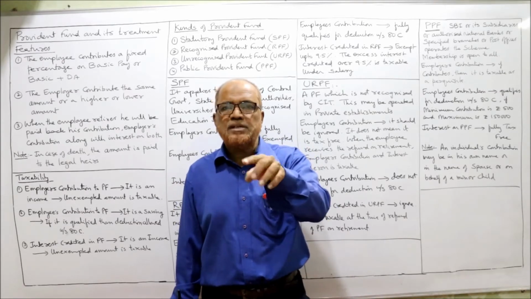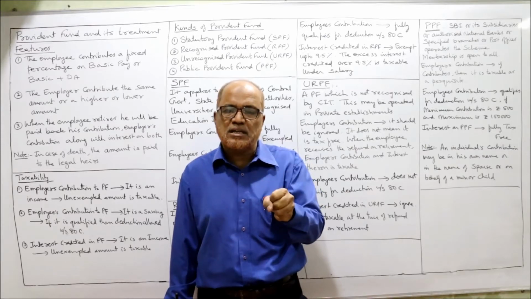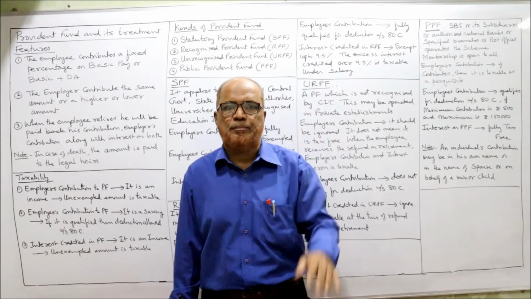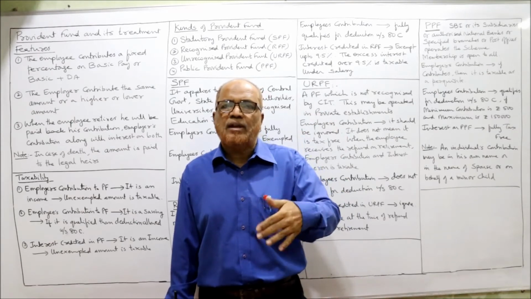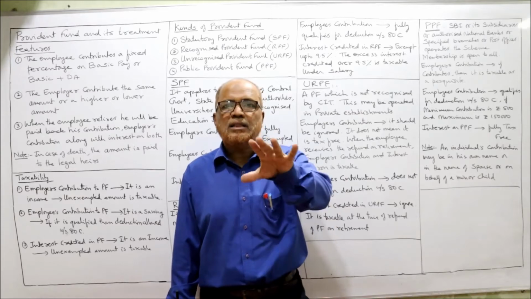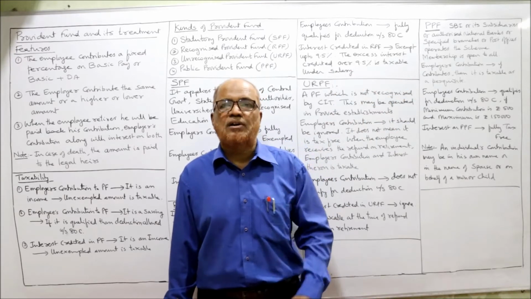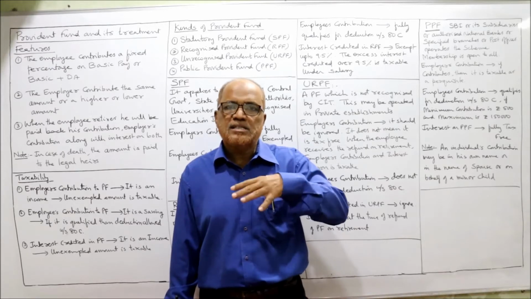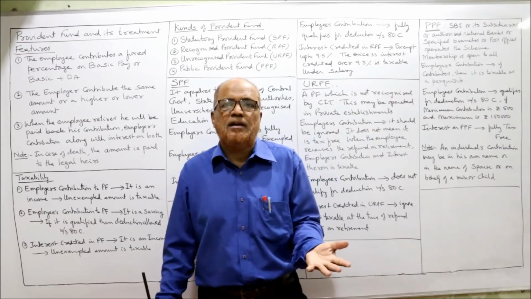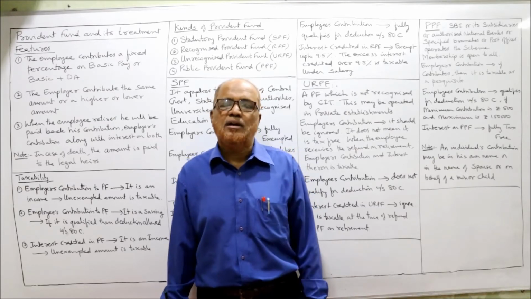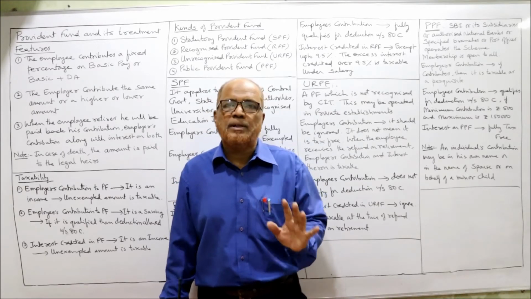The employer will deduct that 1,000 rupees and deposit it in the Provident Fund scheme. So every month 1,000 rupees are deposited, and in 1 year 12,000 rupees are deposited from his salary. He is saving in the Provident Fund scheme compulsorily, because it is the scheme framed by the government. It is not voluntary, it's compulsory.